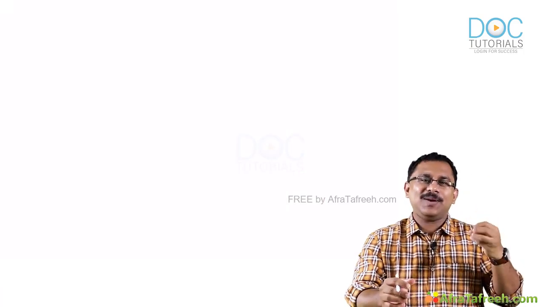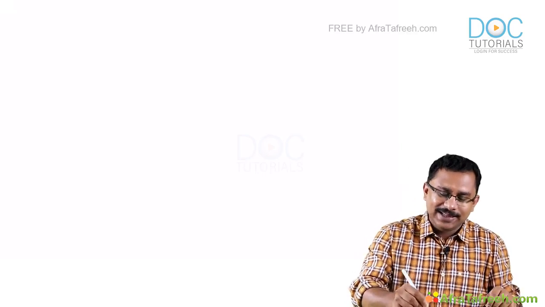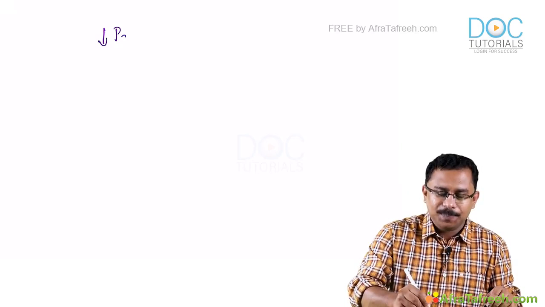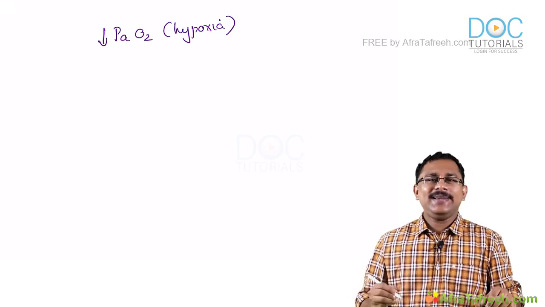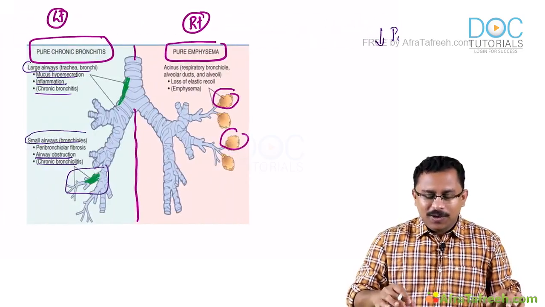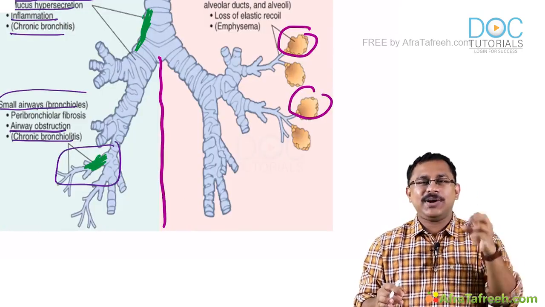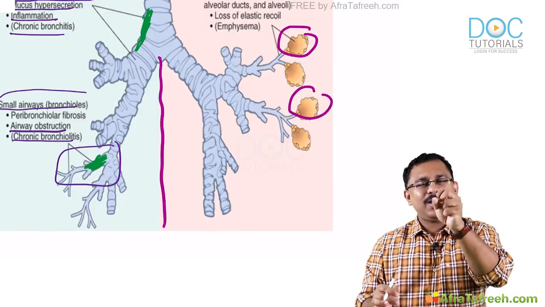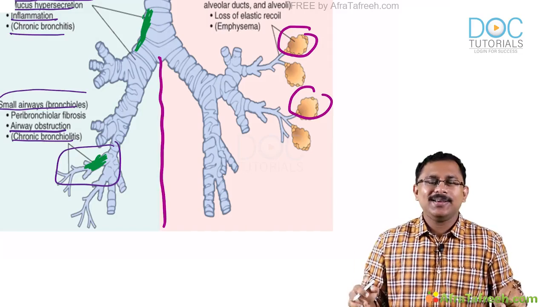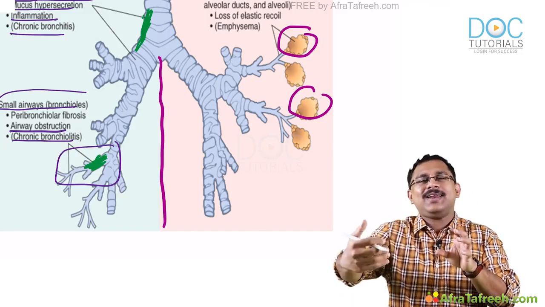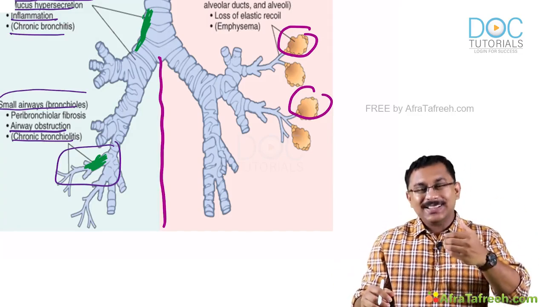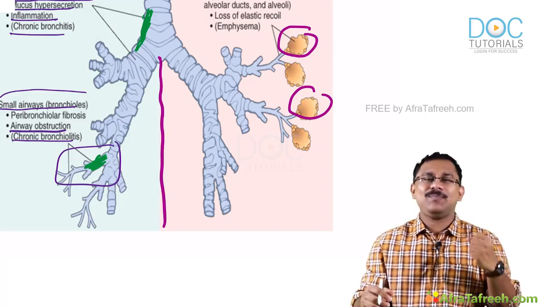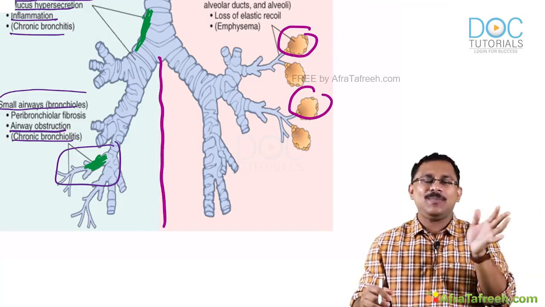So you tell me, when air is not able to enter a particular part of the respiratory unit, there is a decrease in the PaO2, so here also you will get hypoxia. Because the air is not able to enter that respiratory unit, the alveoli there would actually be collapsed because they are not working. Neither will the air enter, nor will the air come out from the capillaries, because of which efficient gas exchange is not taking place there. That is, your carbon dioxide is not coming out also.